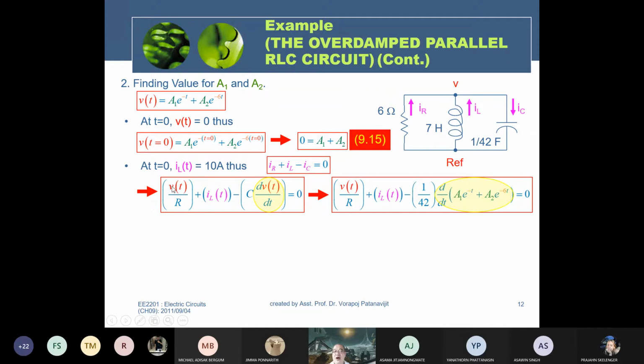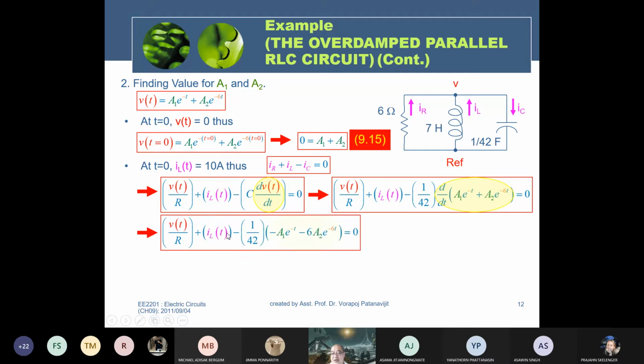For the resistor, IR equals V divided by R. For the capacitor, IC equals C dV/dt. You know that VC equals A1 e^(-t) plus A2 e^(-6t), and you take the derivative of it.